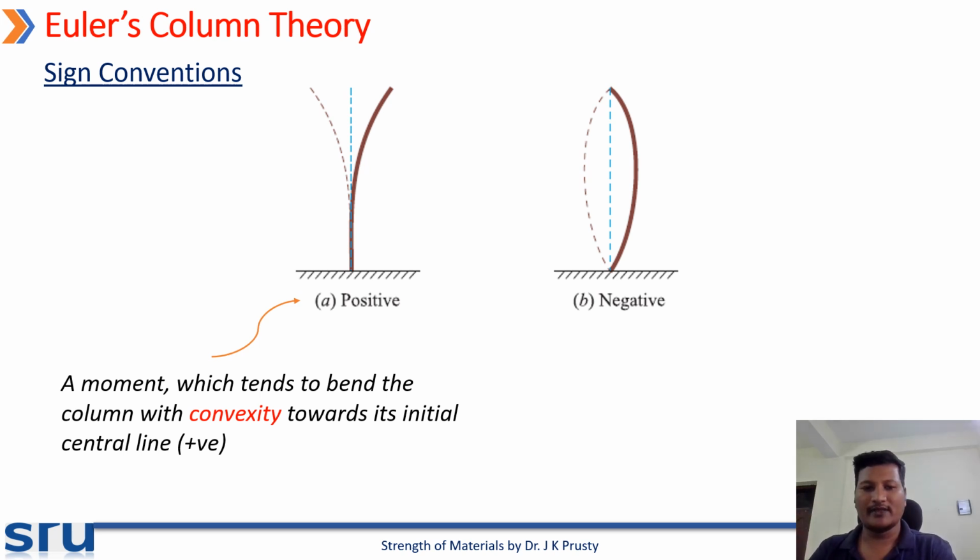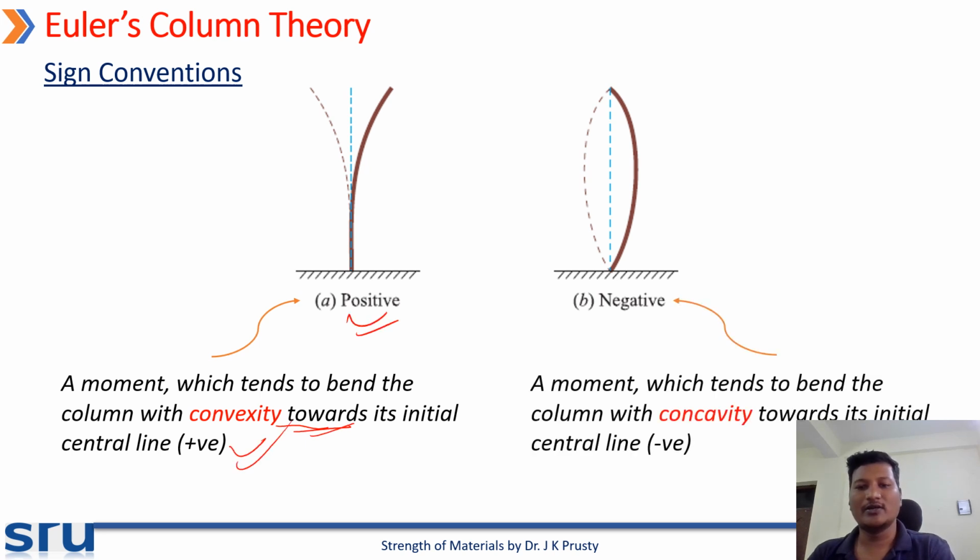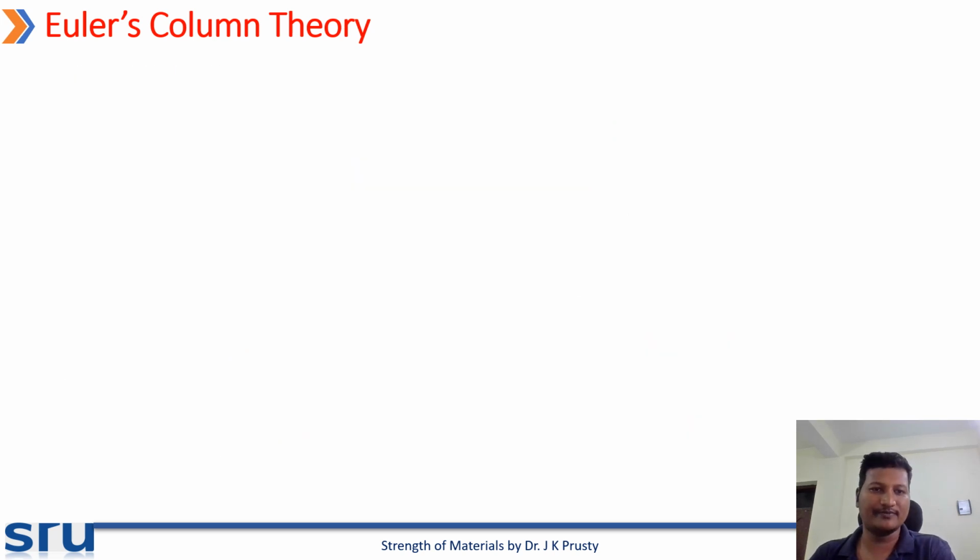A movement which tends to bend the column with convexity towards its center line, we will consider as positive, and a movement which tends to bend the column with concavity towards its initial center line, we consider as negative.